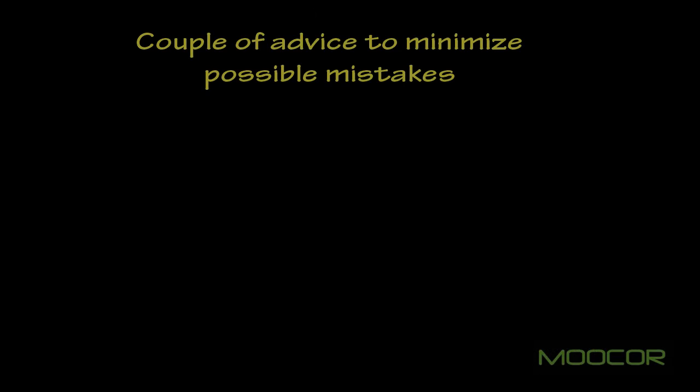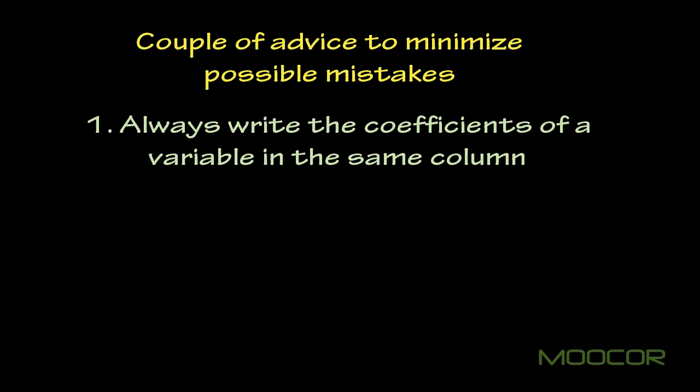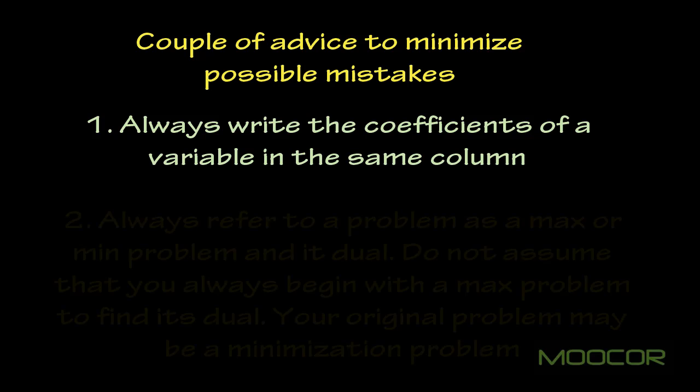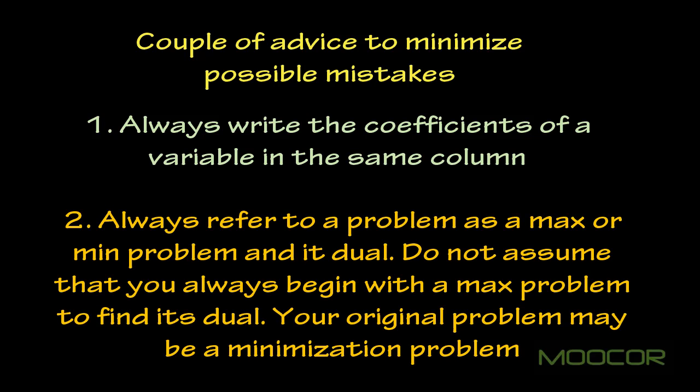Before actually showing you how to construct the dual, let's mention a couple of points that always cause problems for the students. One is that always try to write the coefficient of a variable in the same column. Second is always refer to a problem as a max or min problem and its dual. Do not assume that you always begin with a max problem to find its dual.